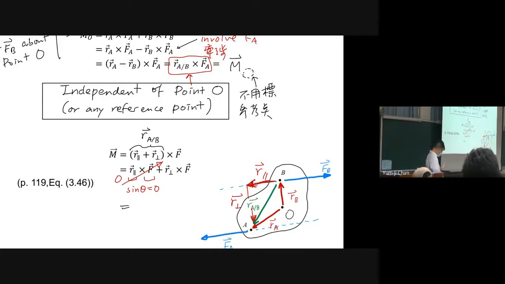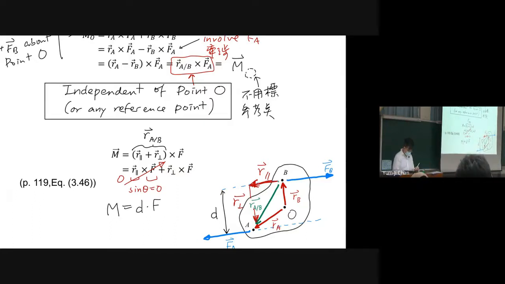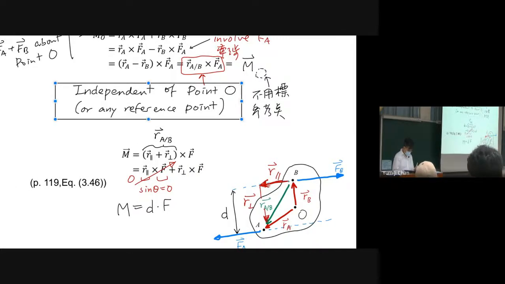If we want to get the magnitude, M is equal to D times F, and D is of course the distance between these two parallel lines. This is equation 3.46 on page 119.